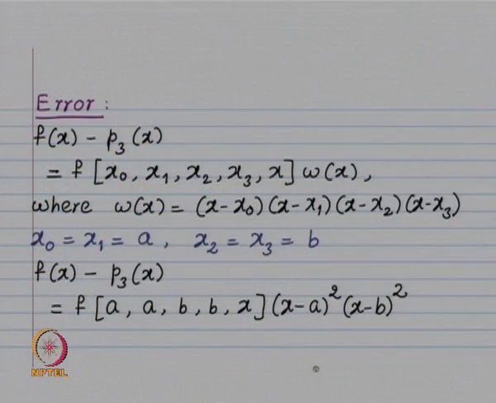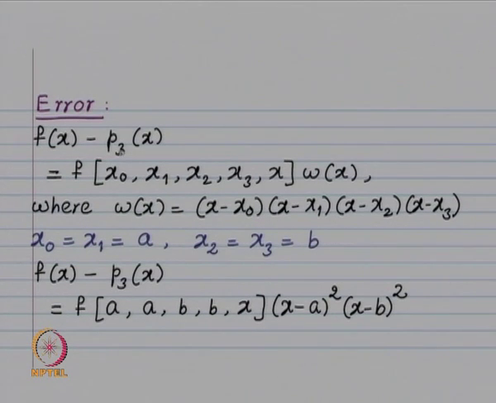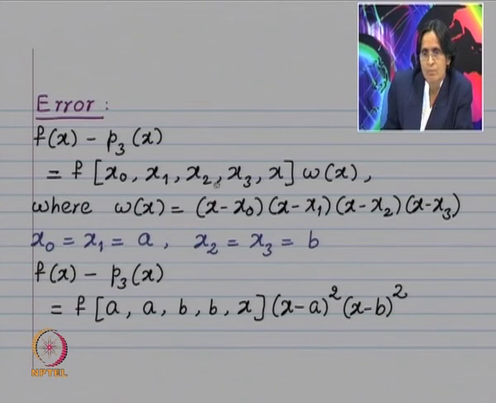So, when the interpolation points are distinct, say P3 interpolating at x0, x1, x2, x3, then f(x) minus P3(x), this is the error term, is the divided difference based on x0, x1, x2, x3, x multiplied by the function w(x), where w(x) is (x minus x0)(x minus x1)(x minus x2)(x minus x3).